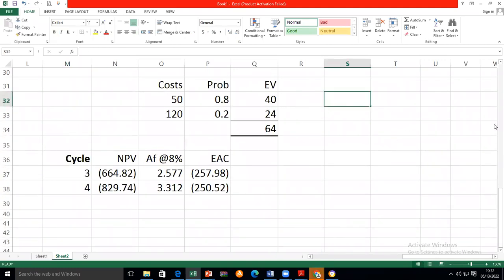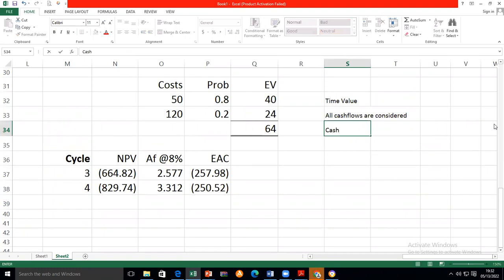So, why are the discounted cash flow methods better? Number one, the time value of money is captured. Number two, all cash flows are considered. Number three, they are cash flow based. They don't use accounting profits.